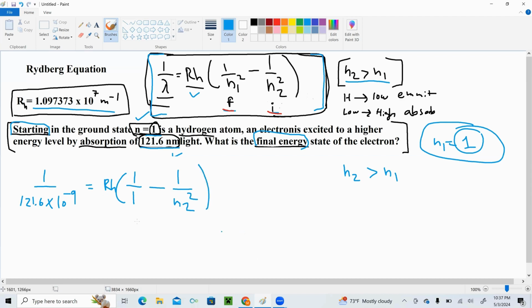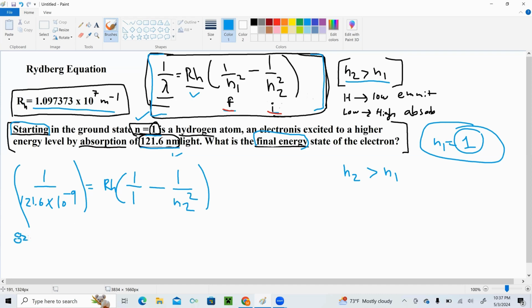Type in your calculator this number, how you see it here. I know some of you are not allowed to use graphing calculators during the test, so try to give this a try. I just type in 1 over 121.6 e to the minus 9. I just write the whole number so you guys can see.